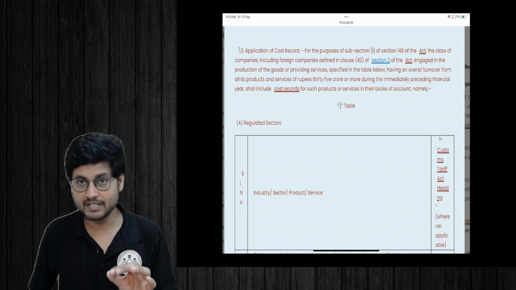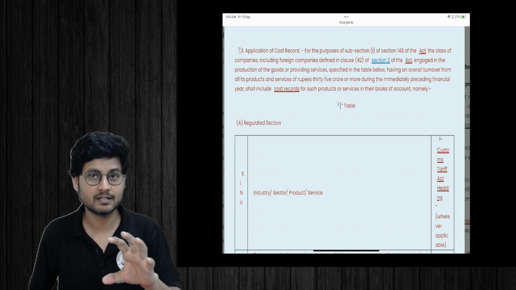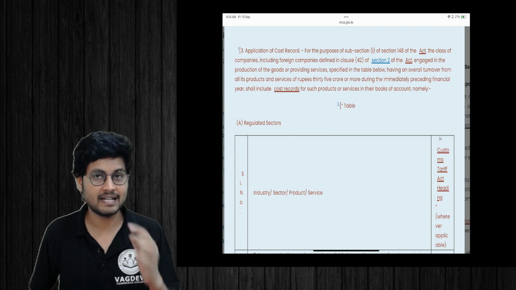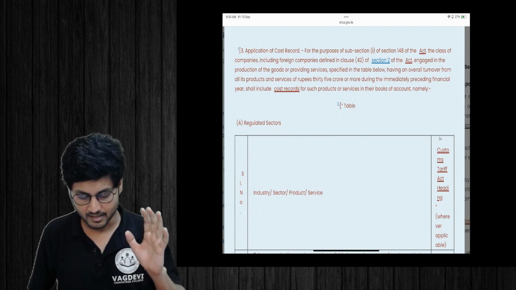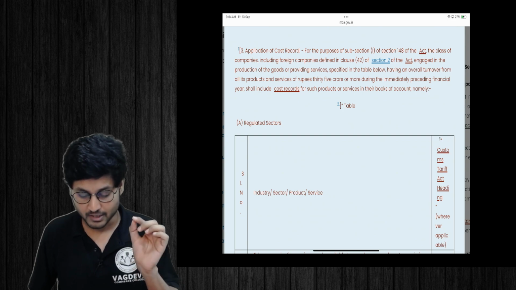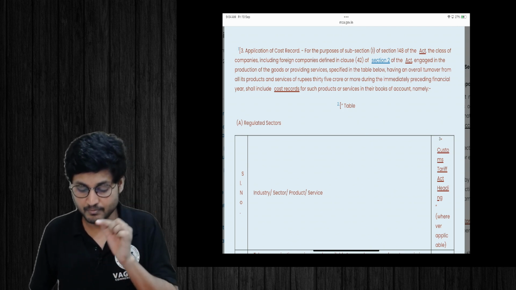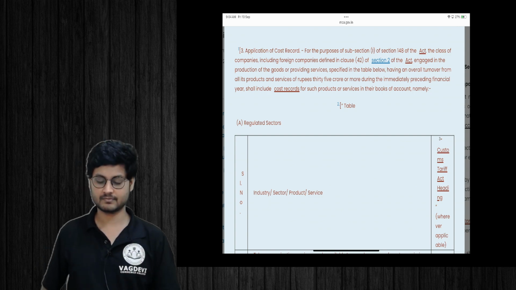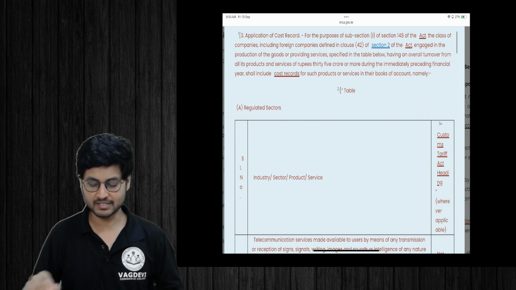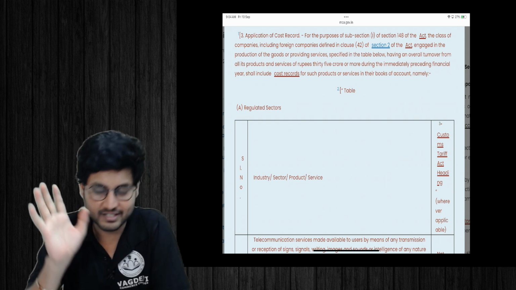The turnover has to be seen for the preceding financial year only, and it contains all the products and all the services we need to add, and shall include cost records for such products or services in their books of accounts. The word which is used is such products.